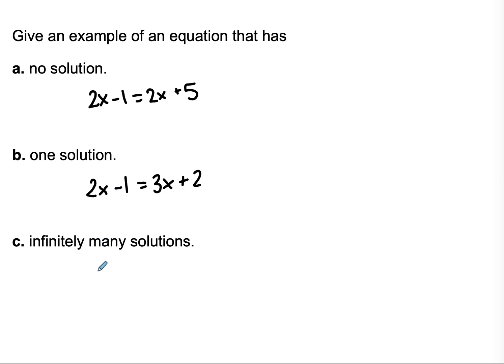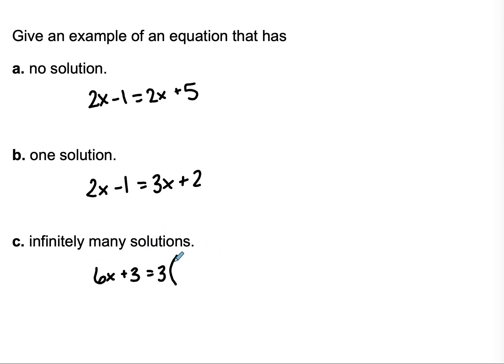And then infinitely many solutions is when my coefficients are the same and the other parts of the equations are the same as well. Usually they'll show you one of them not exactly.